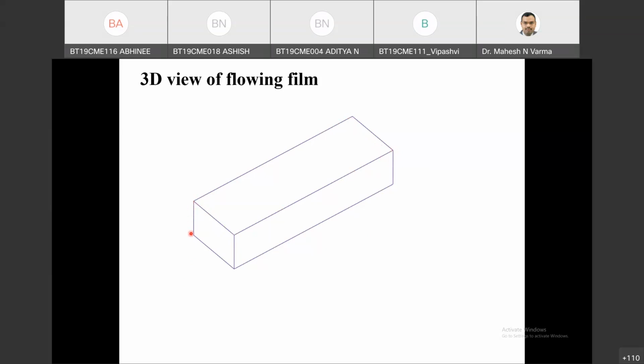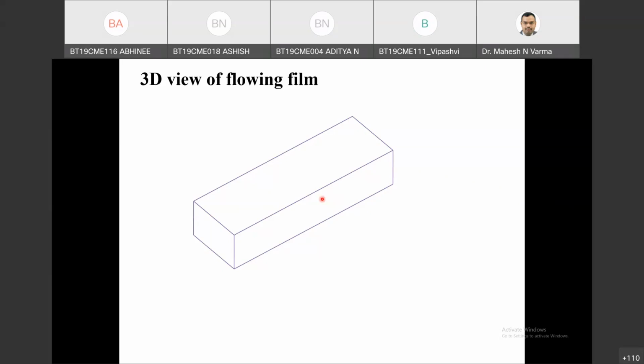This is the fourth origin, fifth, sixth, seventh origin, and one corner is below this. So these are the 8 possible origins for this 3D film. For drawing purposes, I am drawing delta, width and length in appropriate scale, because otherwise delta is very small compared to length and W.